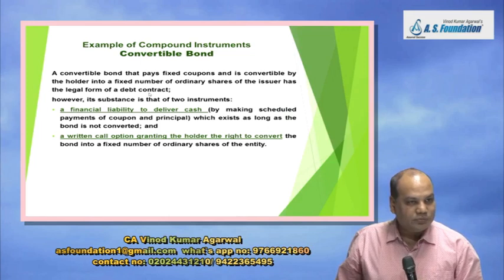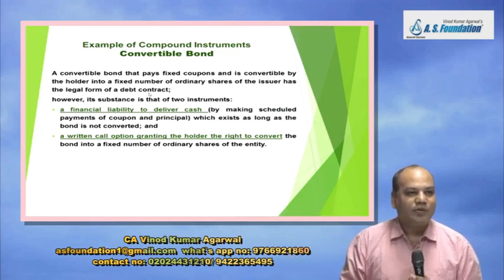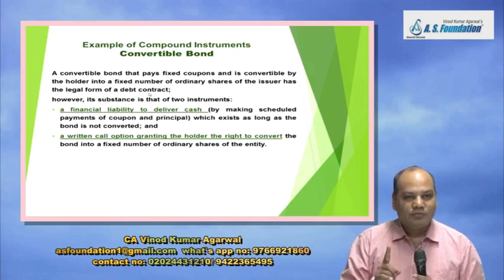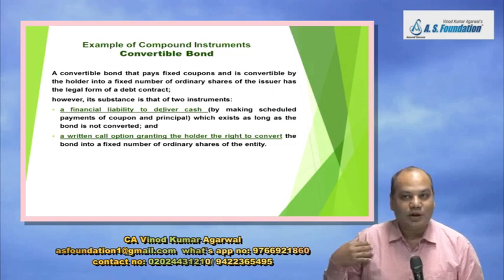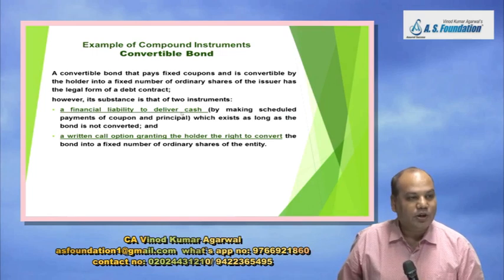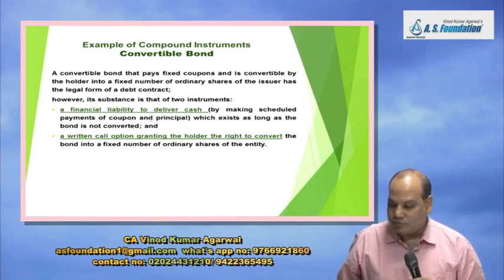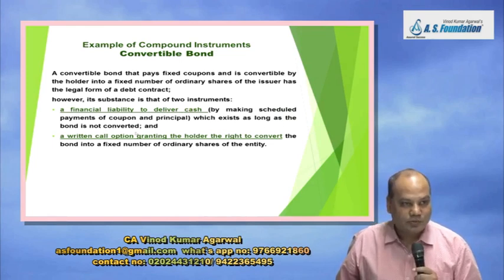The contract is one. The company has issued this bond, I have invested. So how many contracts have we signed? One. He is the issuer, I am the investor. But in substance, as an accountant, I will see there are two features in that. There is a financial liability to deliver cash, that is your coupon and principal, which exists as long as the bond is not converted.